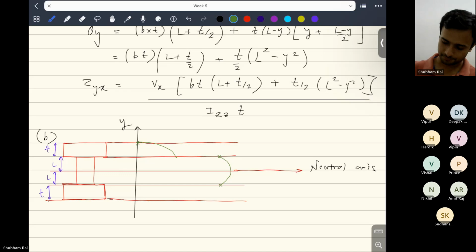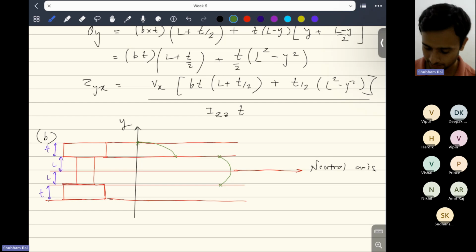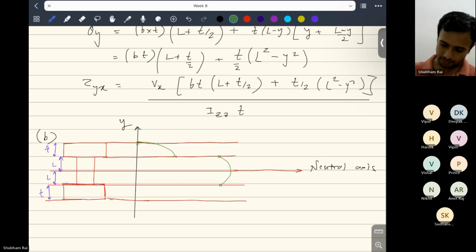We are assuming that 2L into T is less than B into T. I mean, it is increasing because this width is smaller compared to the flange.